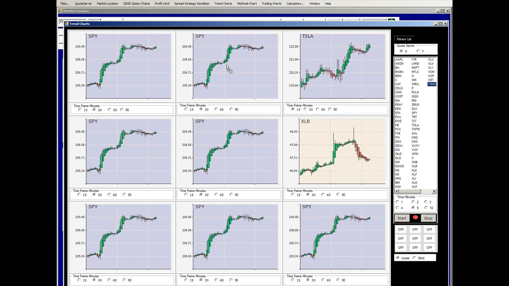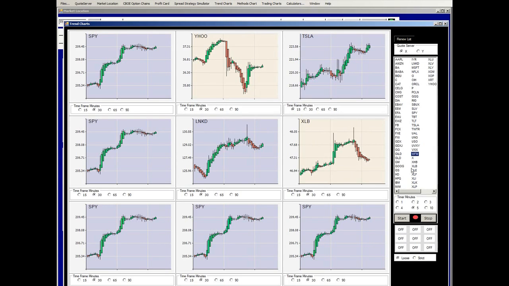You can do that with any of these symbols, and you can choose the frequency of updates. These charts will update automatically once you push the start button, and you can display charts of different time frames, 15, 30, 65, or a 90-minute chart in Heiken Ashi format.